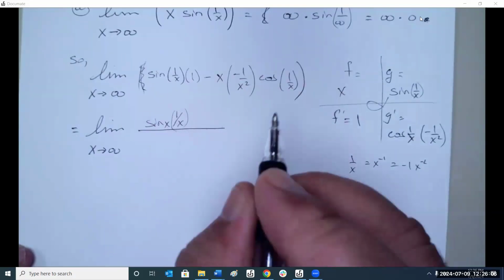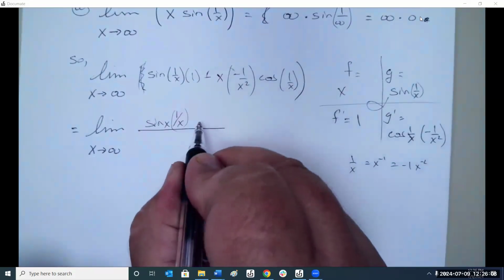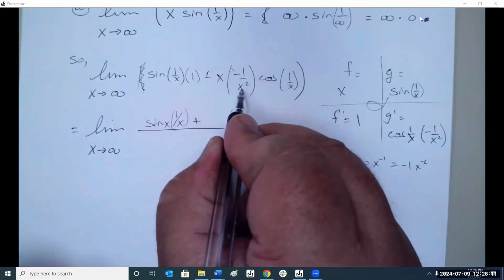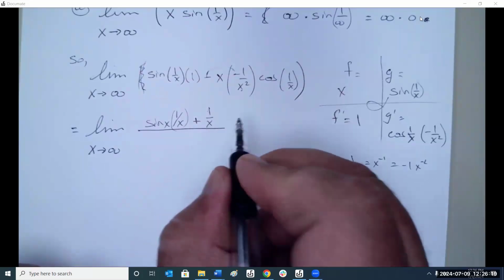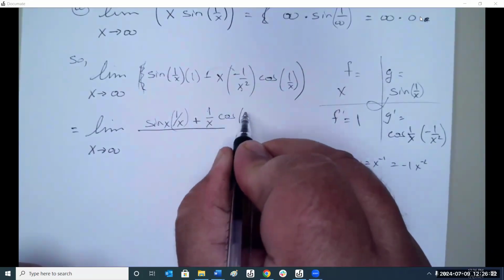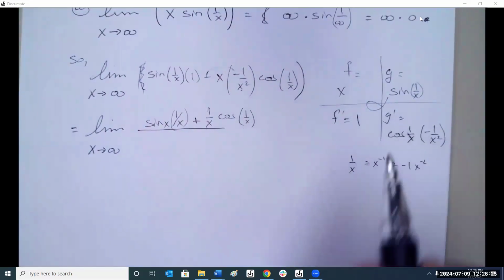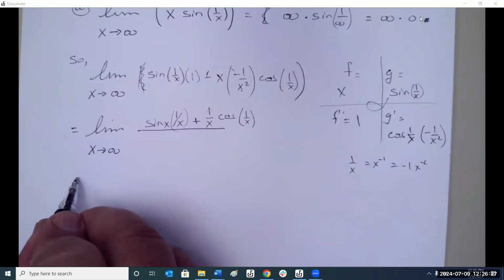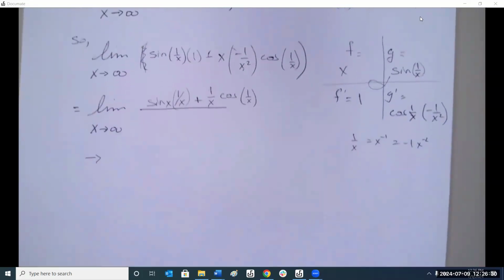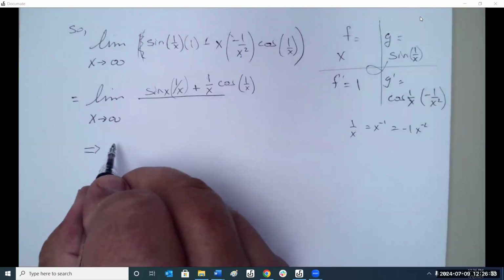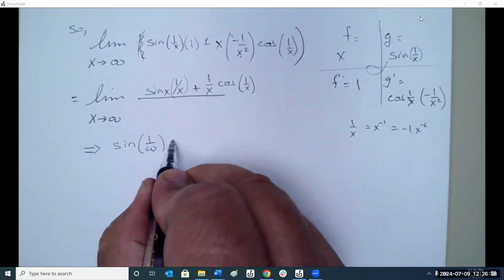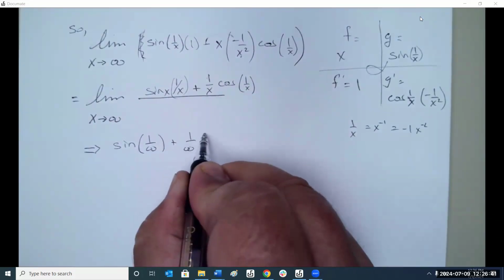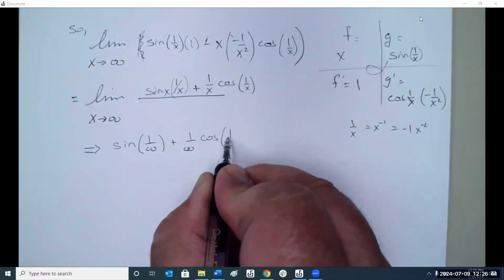I don't know if I put a dividing line there. Negative and negative makes it a positive. x over x squared makes it 1 over x, times cosine 1 over x. Sine at 1 over infinity plus 1 over infinity times cosine of 1 over infinity.